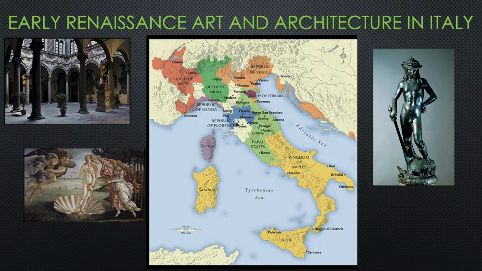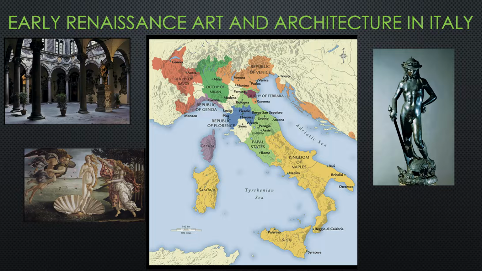But up here is the Republic of Florence. It includes Florence and Pisa and Fiesole. But Siena is also close by. We've seen some pieces from Siena. That's here. The Papal States, though, go from coast to coast and reach up here into the north. So it's a little bit confusing.